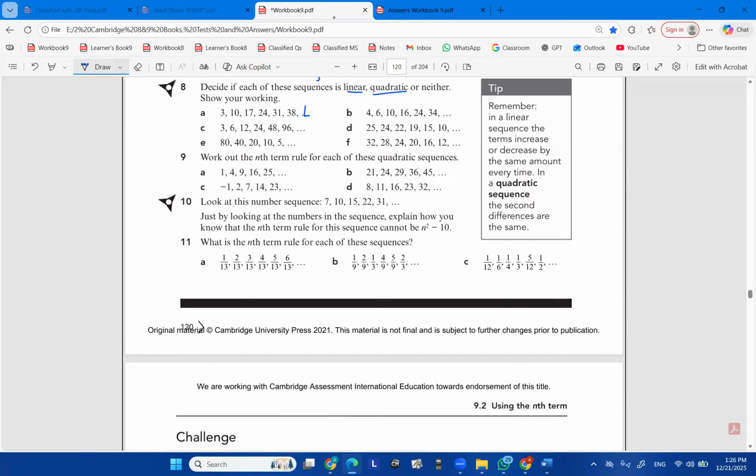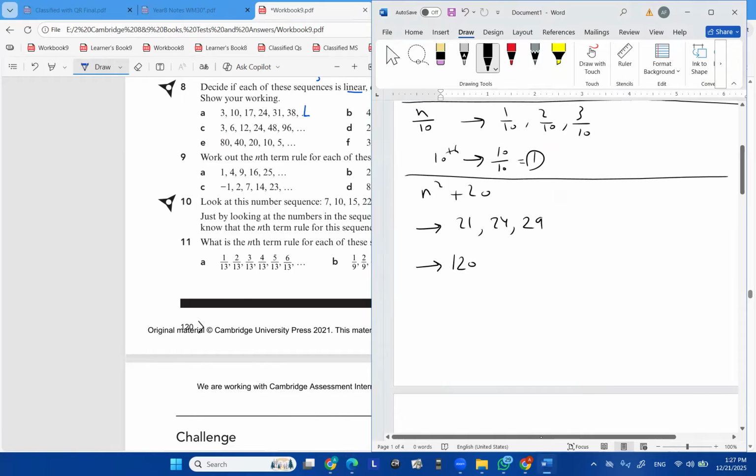Times 2, times 2, times 2 is not the differences. This is the term-to-term rule. But to find out if 3, 6, 12, 24 is linear or quadratic, I have to write it this way.